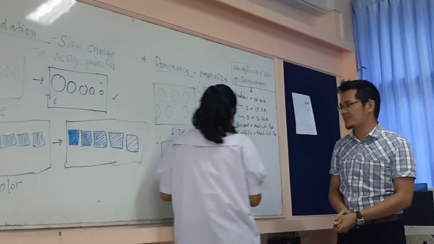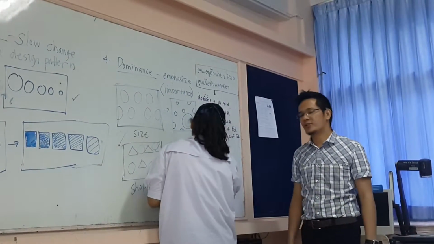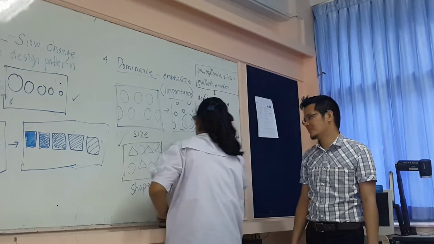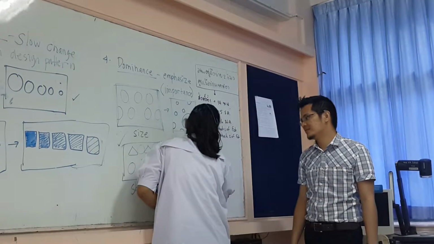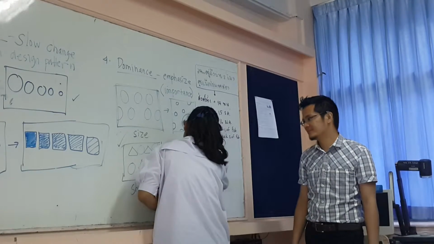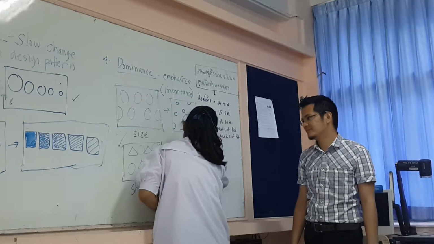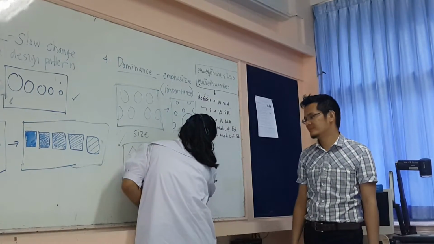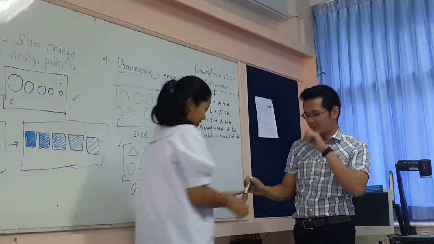So right now there's an equal number of circles and triangles. So to create a dominant shape, let's see what Net is doing. Okay, thank you very much.